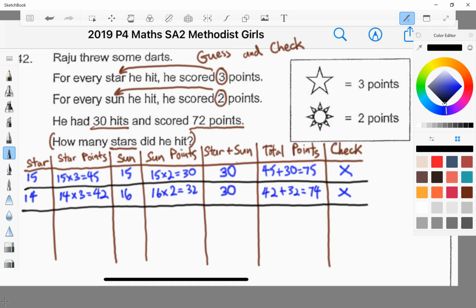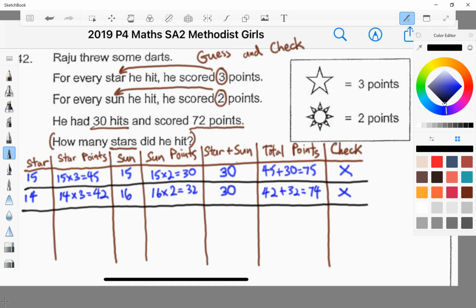So if you realize that when your sun goes up by 1, your points actually drop by 1, and we are 2 points away from our target.